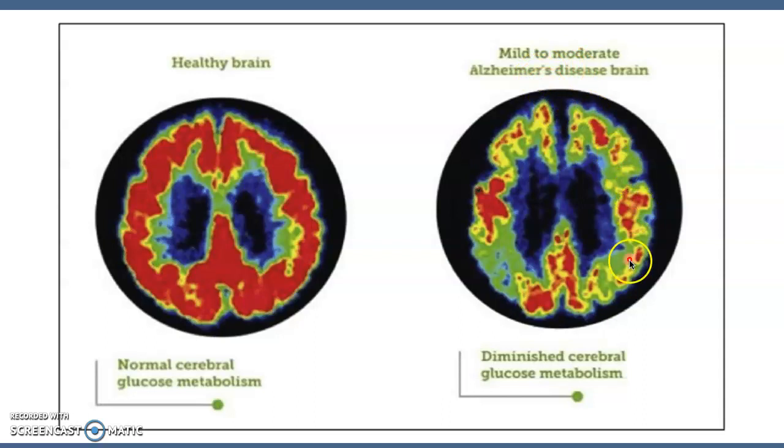You don't see that as much on this side as compared to the healthy brain, where the insulin's coming in and there's plenty of receptors for insulin, so that the glucose can be pulled into the neurons, and ATP formation can take place. So in other words, you're starving the brain tissue of energy when you have this impaired glucose metabolism.